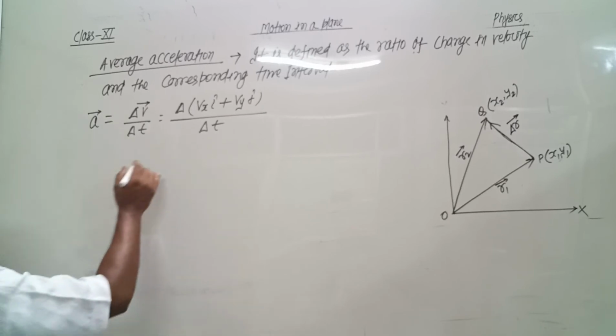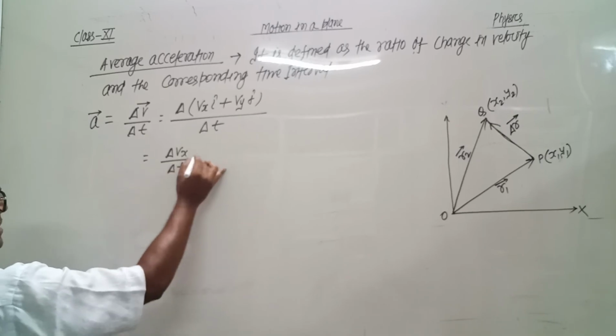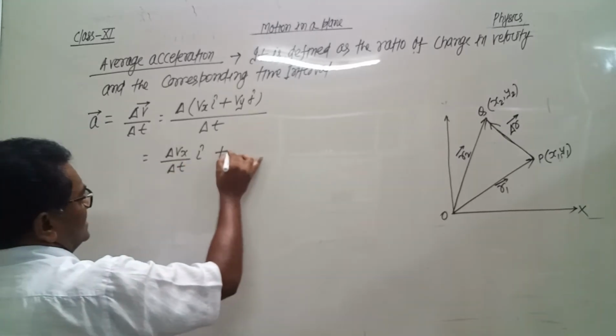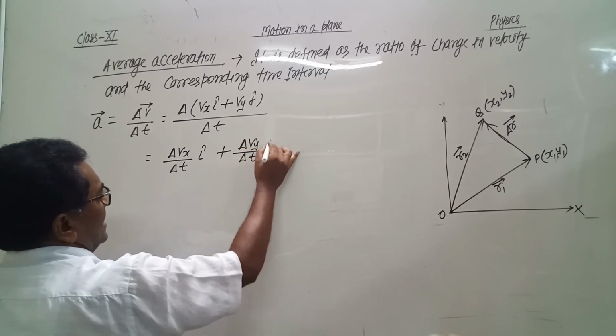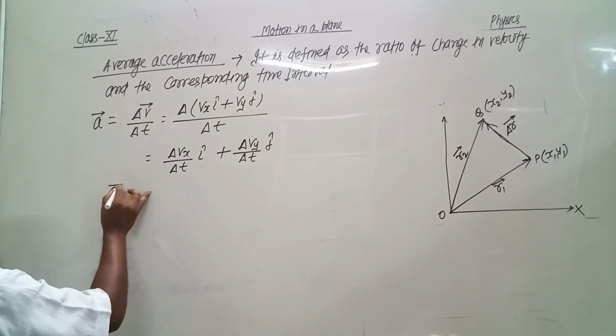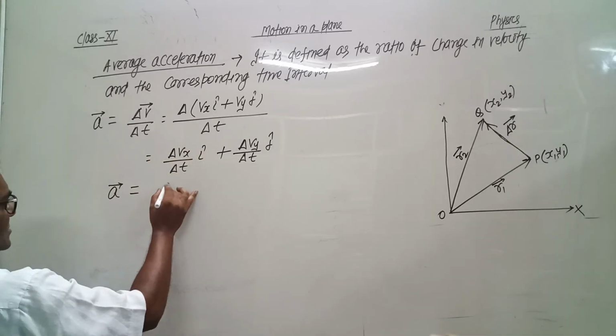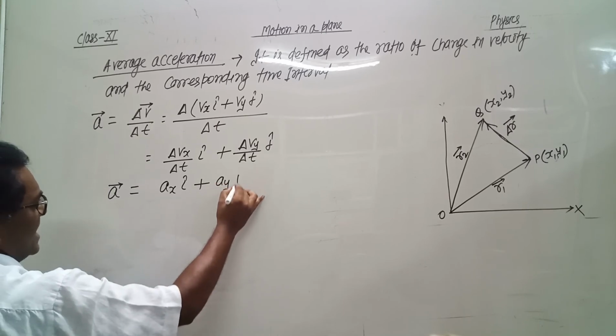So this becomes delta Vx upon delta t i cap plus delta Vy upon delta t j cap. So A equals Ax i cap plus Ay j cap.